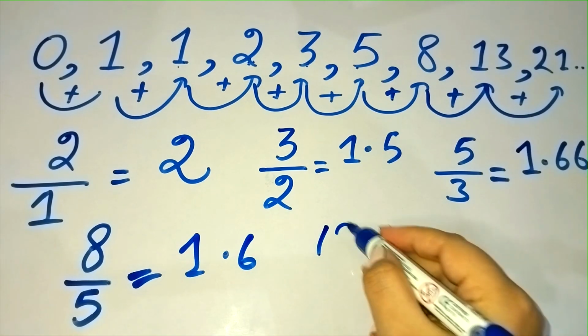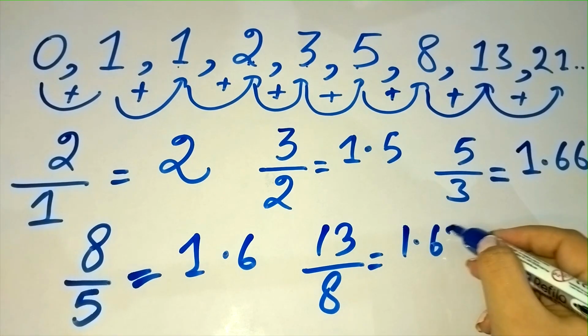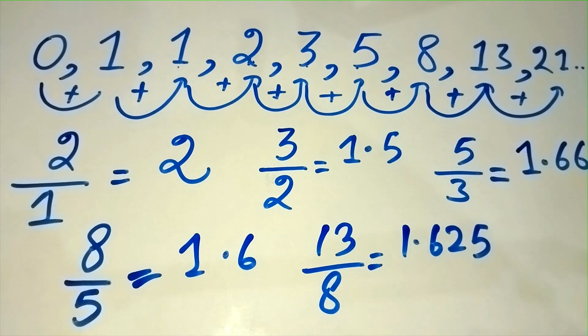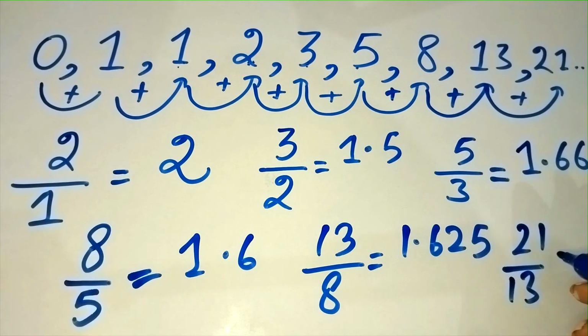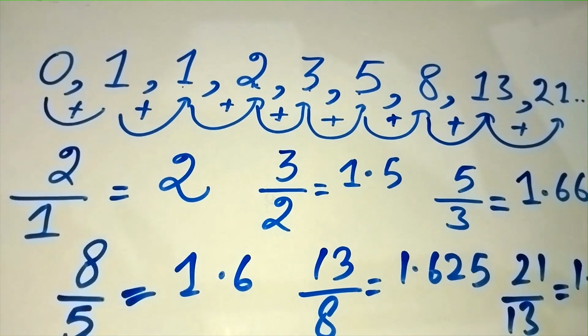Similarly, 13 divided by 8, we get 1.625. If we divide 21 by 13, we'll get 1.615. Now let's keep doing it.